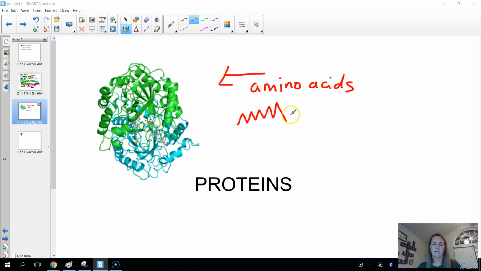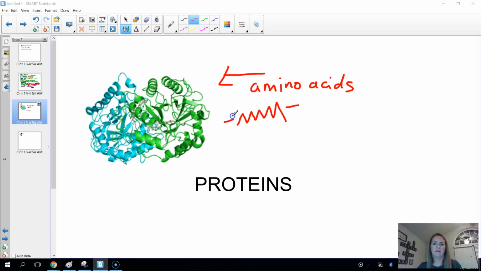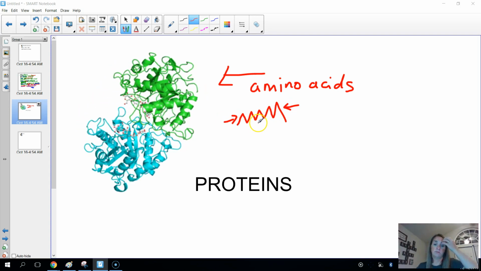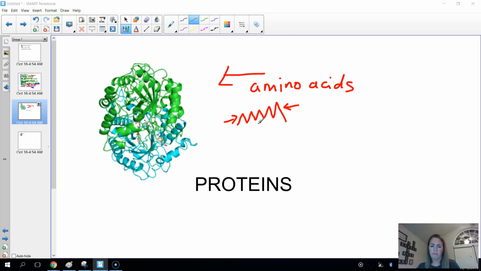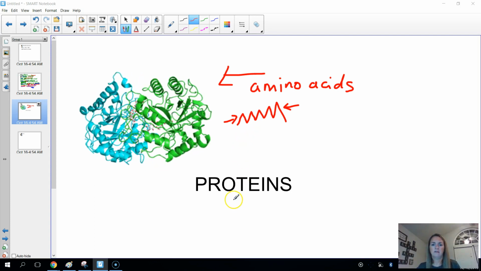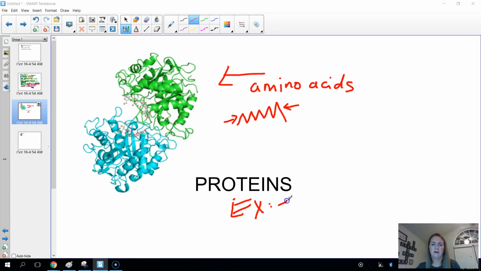Those squeeze together, and they make these long chains of proteins. And a type of protein that we're going to focus on are enzymes.